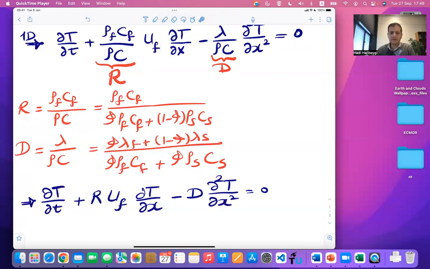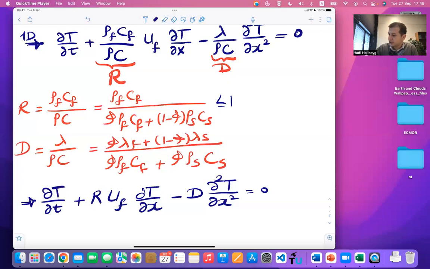There is a little point here that I would like to skip at this moment and speak about later: convection is taking place not with the velocity of the fluid, but with R times U_fluid. And R is smaller than 1, except if porosity is 1, in which case R equals 1.